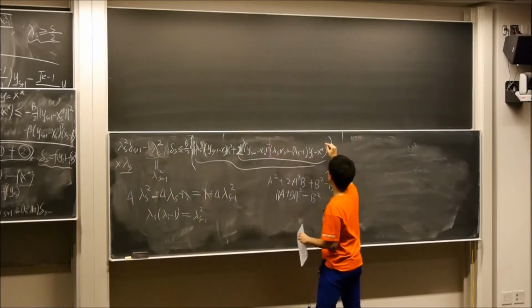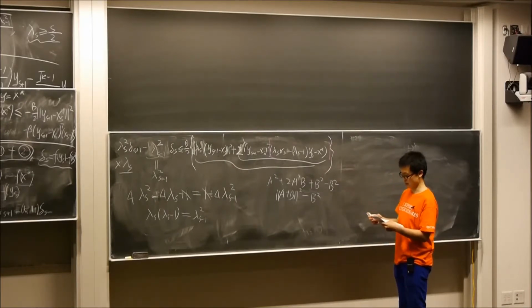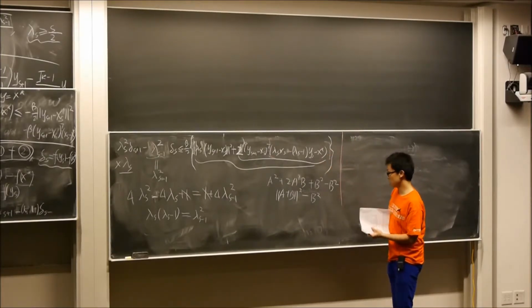We'll add a square term of this thing, and then subtract a square term of this thing, which would give us the whole thing.